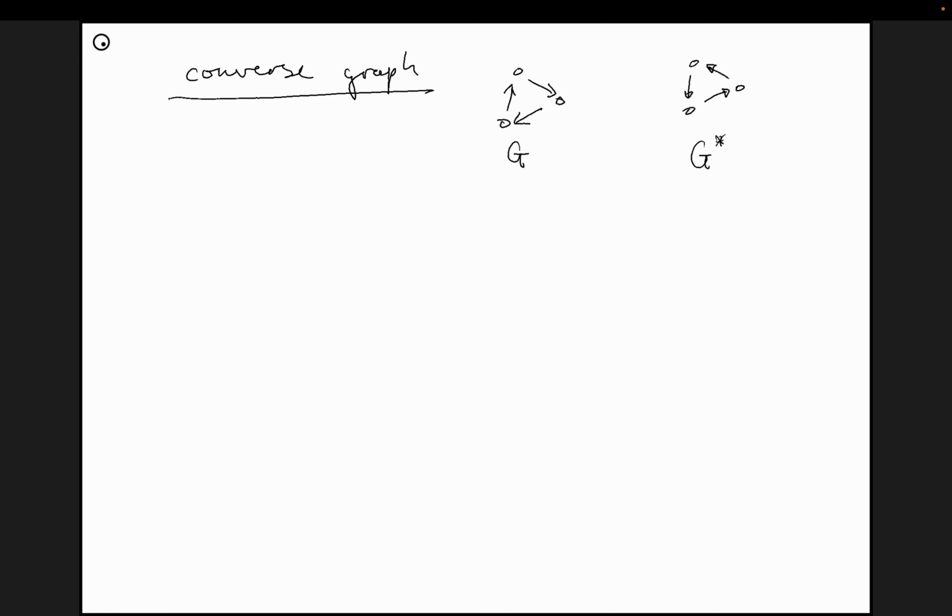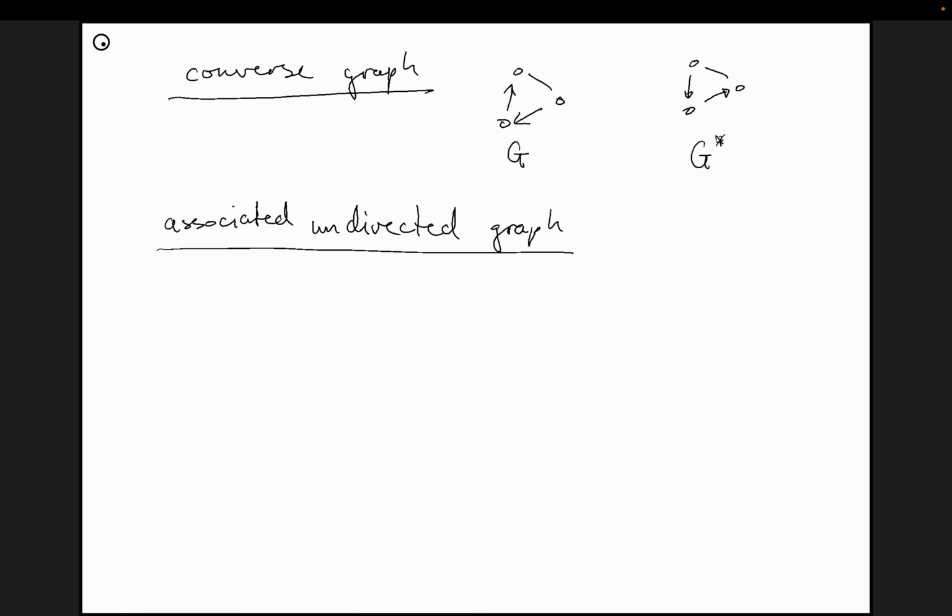So if I had, let's say, a mixed graph with this edge being undirected, I just flip the directions of every directed edge. That's a converse graph. Then we have an associated undirected graph. So what is that?